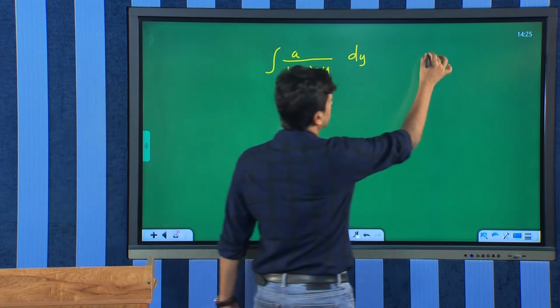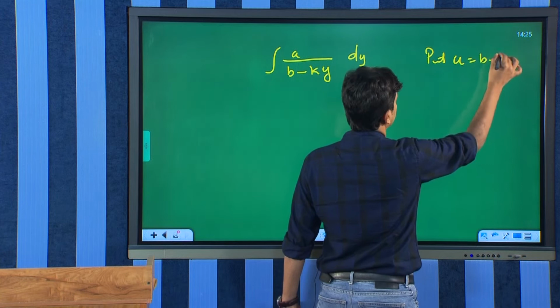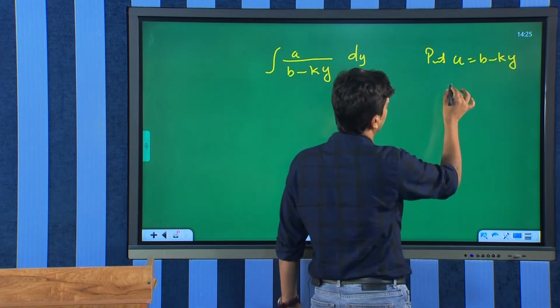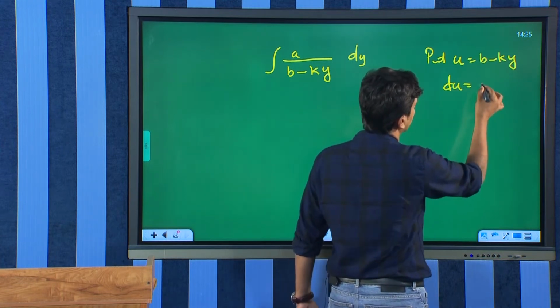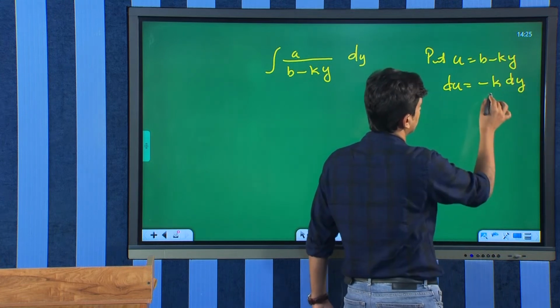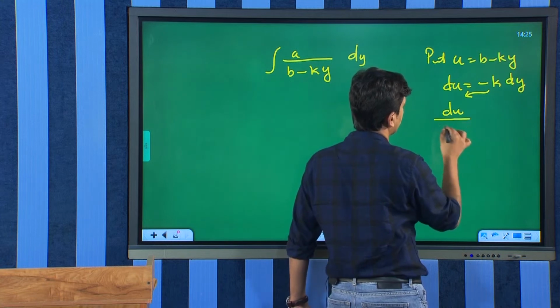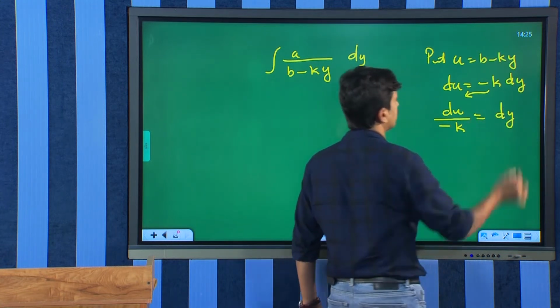Put u is equal to b minus ky. Therefore, we differentiate with respect to y. Therefore, du is equal to minus k dy. So, we can take minus k to here: du divided by minus k is equal to dy.